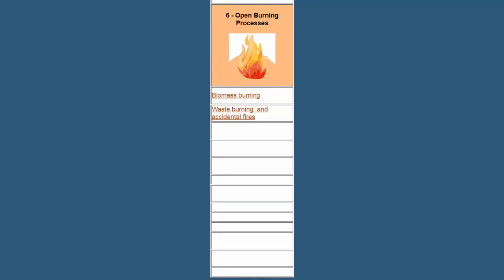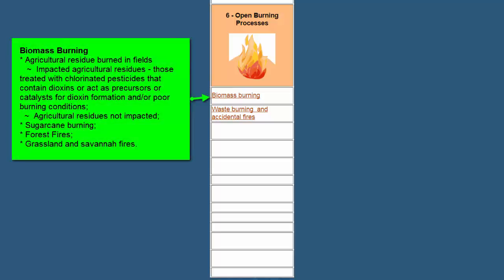Open burning processes in Group 6 include two categories of sources: biomass burning, which is the burning in fields of agricultural residue.